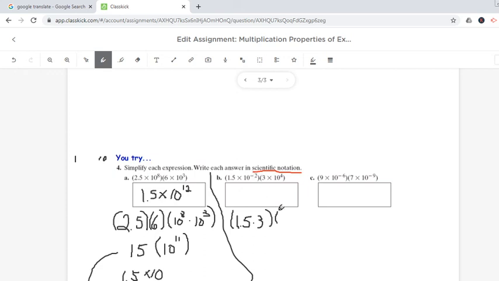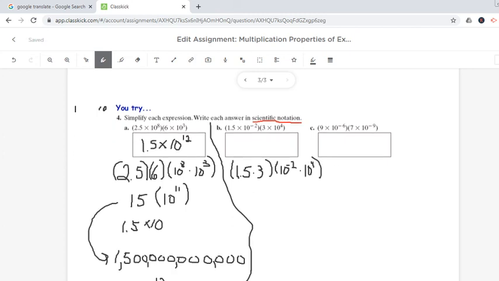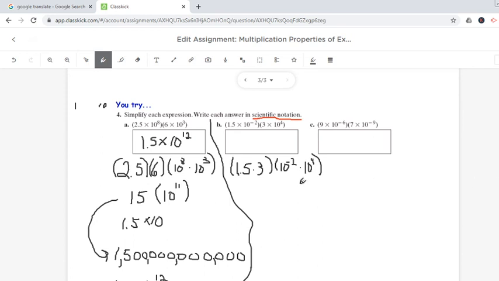So that's 10 to the negative 2 times 10 to the 4th. All right, so 1.5 times 3 equals 4.5.